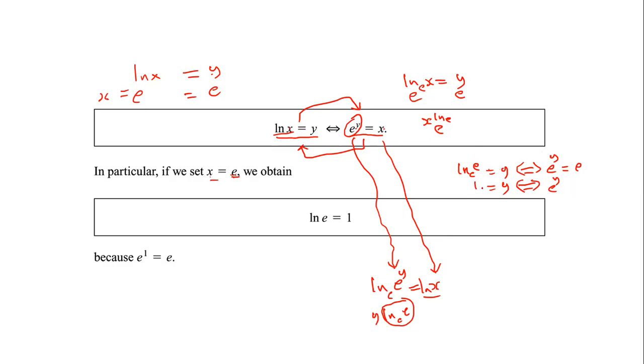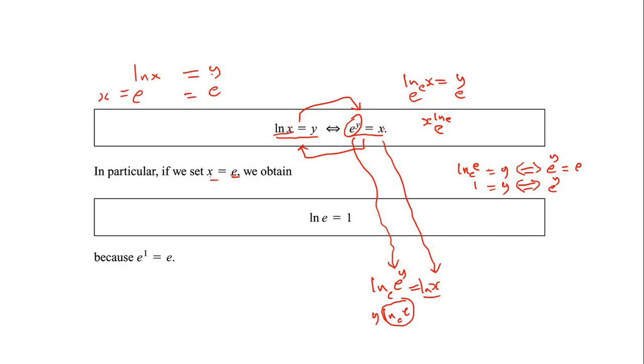So 1 is equal to y. And then on the other side, I have what? e to the y equals e, because they told me also to change x into e. So e to the y equals e. So now I have e to the y equal to e, and I want ln e of e to be equal to 1.